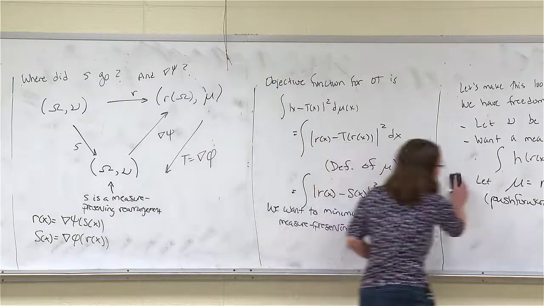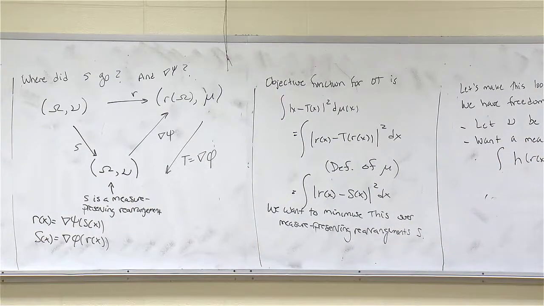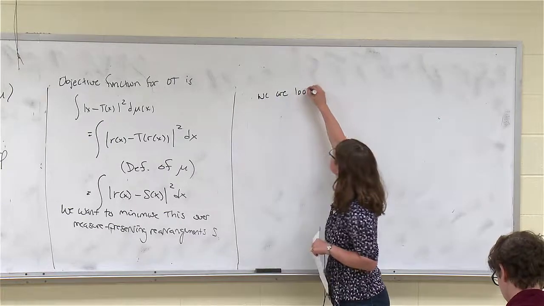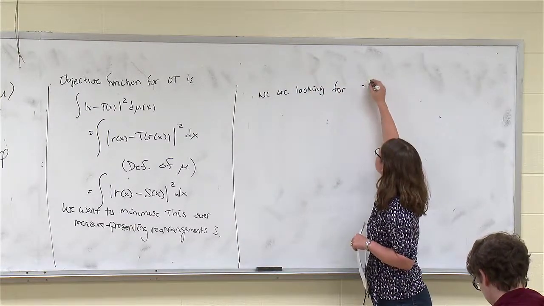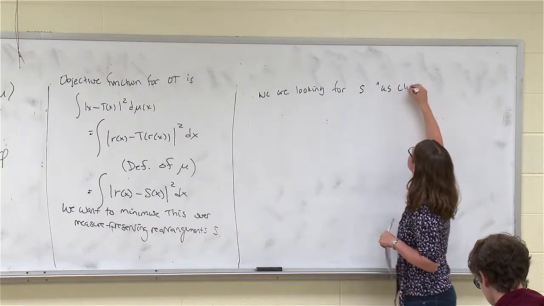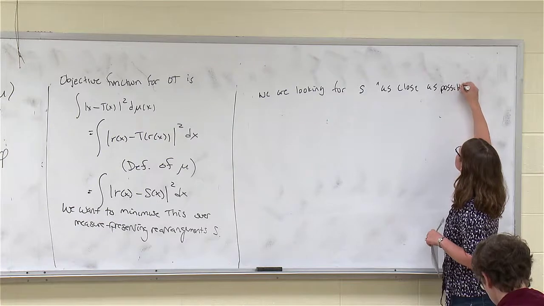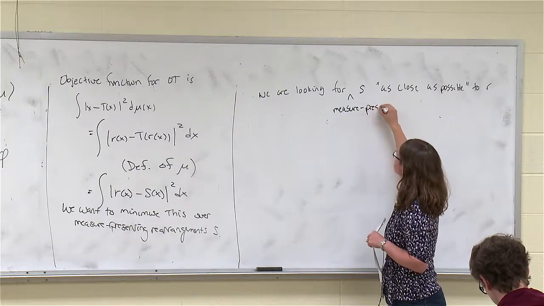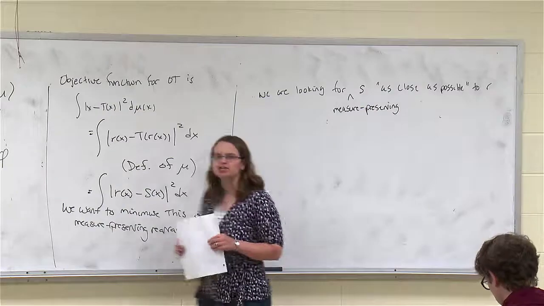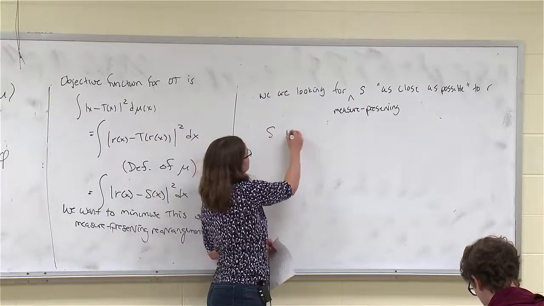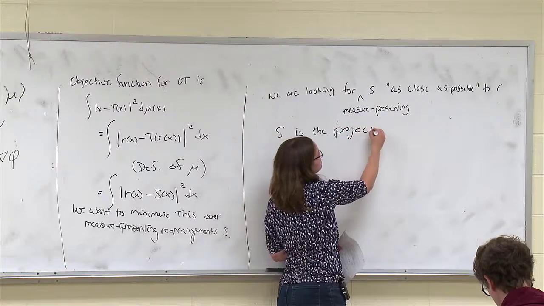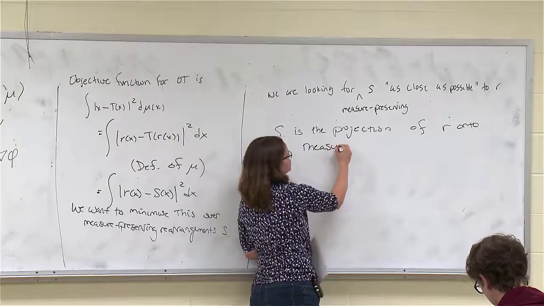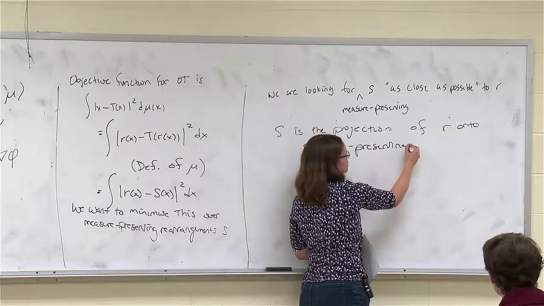So when we're doing polar factorization and we want this measure preserving map S, we are looking for S as close as possible to R. So an interpretation of this is that S is the projection of R onto the set of measure preserving mappings.